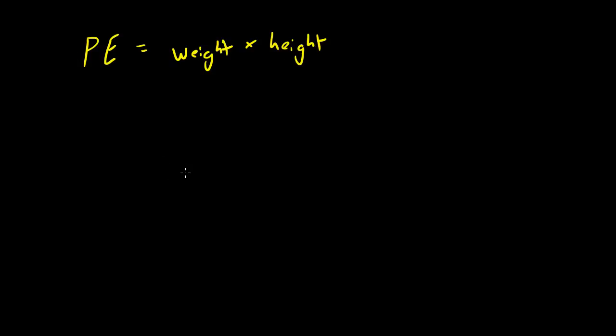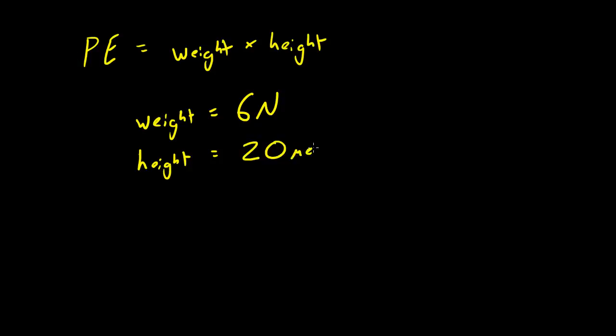So we'll say that the apple has a weight equal to 6 newtons, and we'll give it a height. How far do apples usually grow off the ground? Well, apple trees are pretty big. I'm just going to say something silly like 20 meters, even though that would probably be a really huge apple tree.